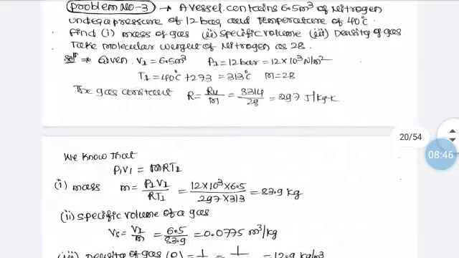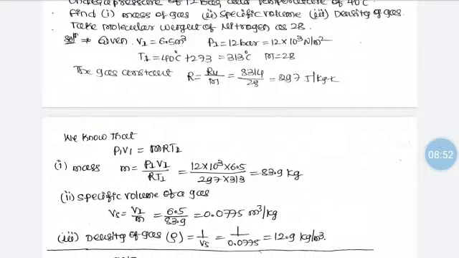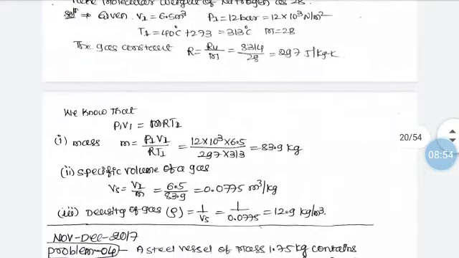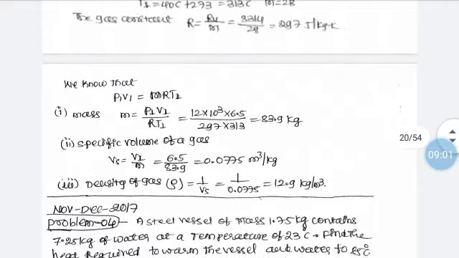And the molecular weight of nitrogen is 28, so 8314 divided by 28 gives 297 joule per kg K, that is the gas constant. So we know from the characteristic gas equation that P1 V1 is equal to m R T1.